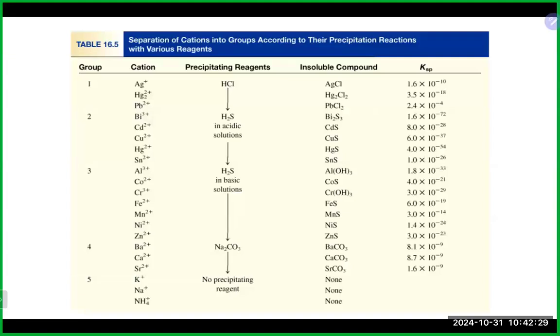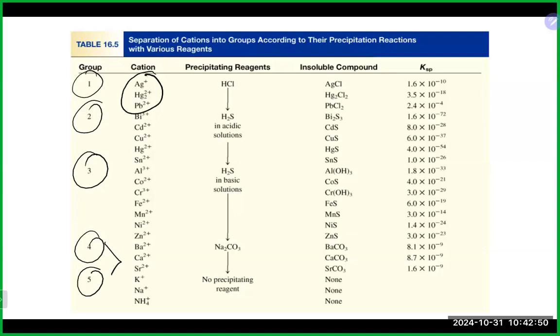When we talk about that type of experiment, the idea there is there are different groups. There's group 1, group 2, group 3, group 4, and group 5. Sometimes these guys are combined together. These, by the way, are groups that are not based on the periodic table, but they are grouped together based on solubility. So if you look at group 1, which is silver, mercury, and lead, that basically is your chloride exceptions, and they're all part of what's known as group 1.